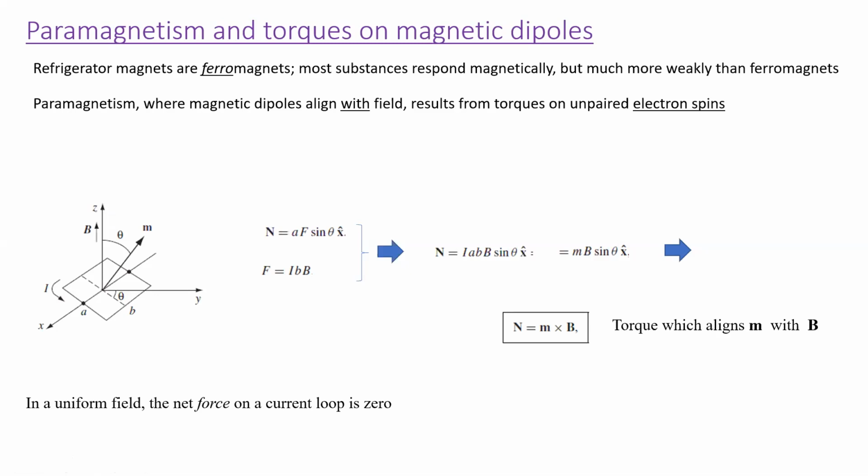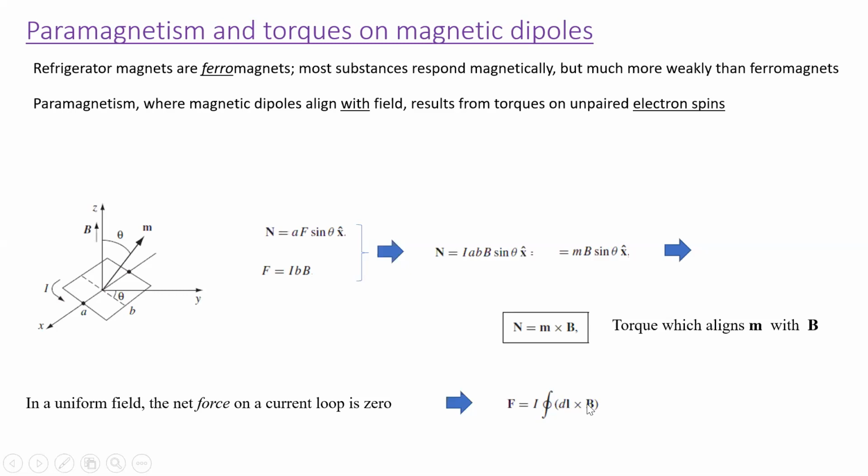Incidentally, the net force on the current loop, as opposed to the torque, is 0. We can see that if we look at the forces on the individual sides using the Lorentz Force Law. But an easier way to see it is to say that the force is equal to, according to the Lorentz Force Law, I times the integral of dl cross B, which is like qv cross B. The units of I dl are the same as the units of q times v.